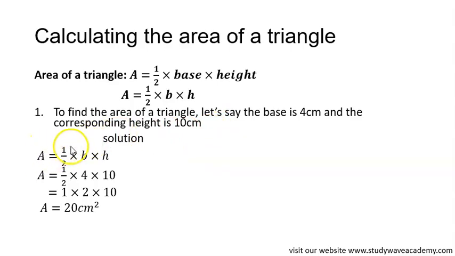Area equals 1 over 2 times B times H. B, the base, is 4 centimeters, and H, the height, is 10 centimeters. So we are going to put them into our formula: area equals 1 over 2 times 4 times 10.